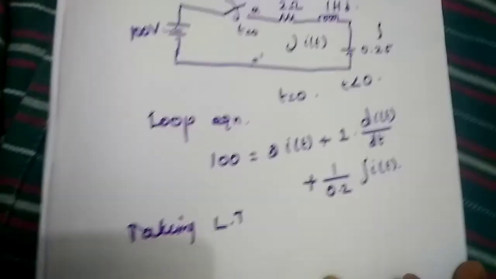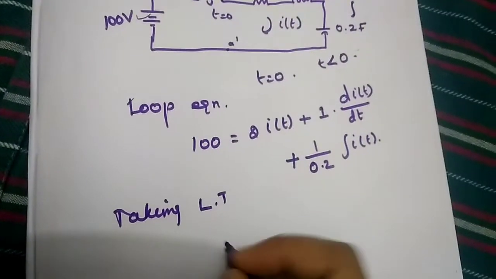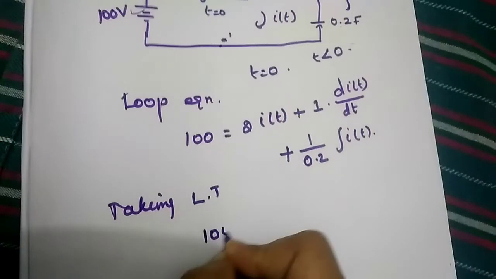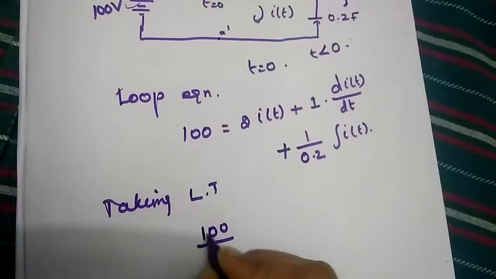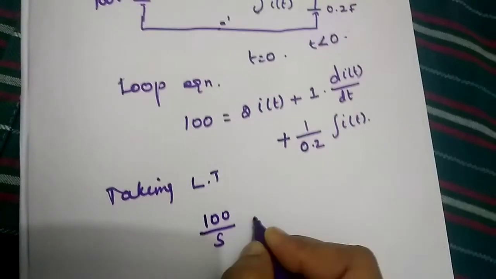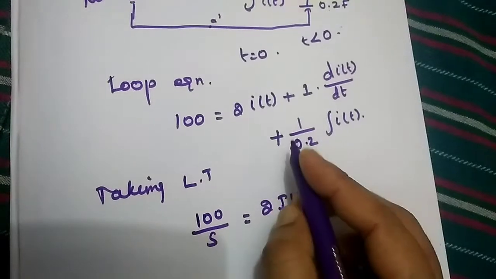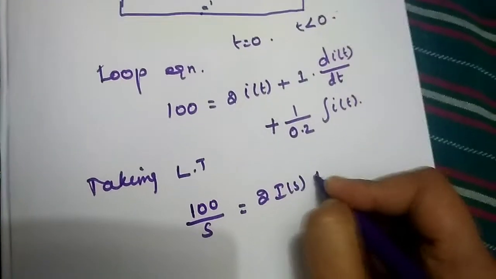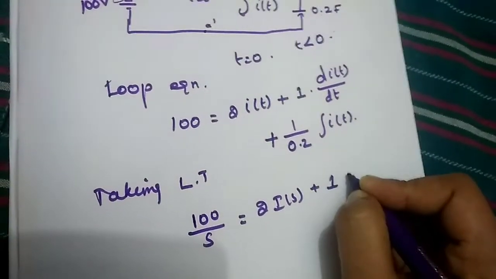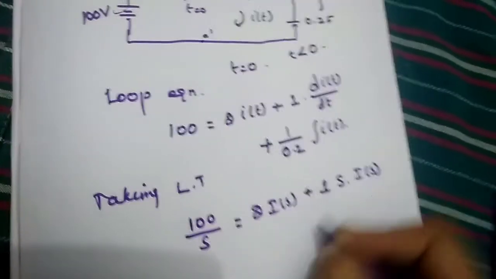The next step is taking the Laplace transform. We find the current using the Laplace transform. The Laplace transform of the constant 100 is 100 divided by s, and 2 I(s), where I(s) is the Laplace transform of i(t), plus 1 into the derivative, which becomes s into I(s).